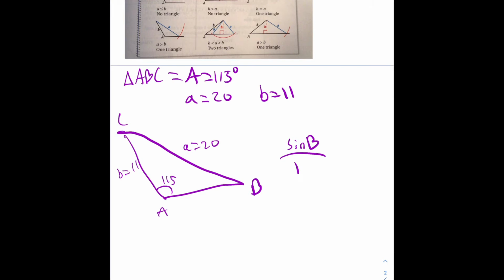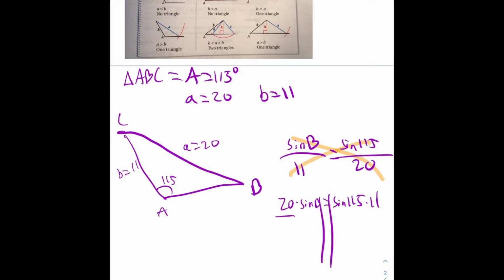So I'm going to say sine of B over 11 equals sine of 115 over 20. Cross multiply. 20 times sine B equals sine 115 times 11.